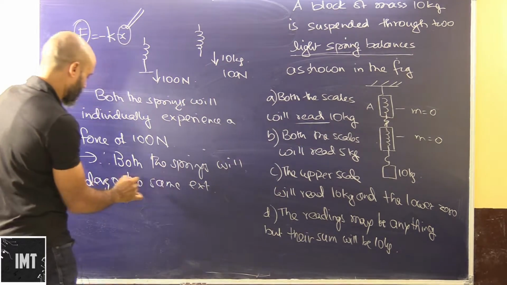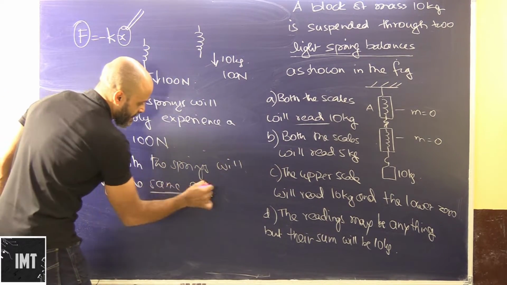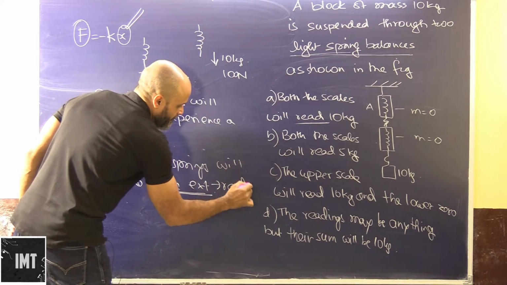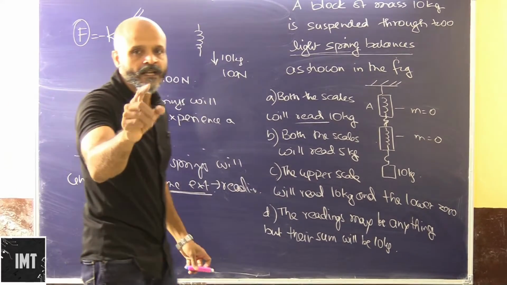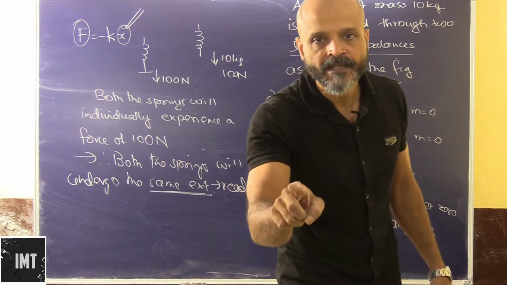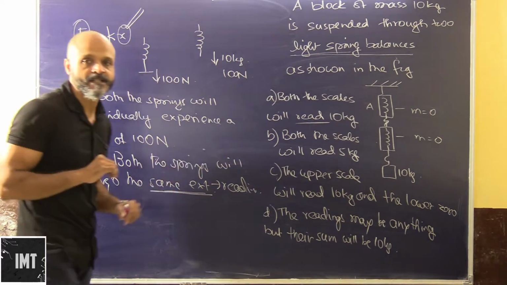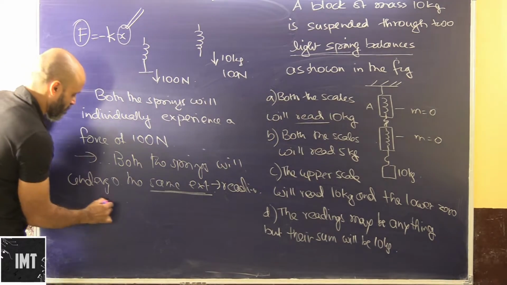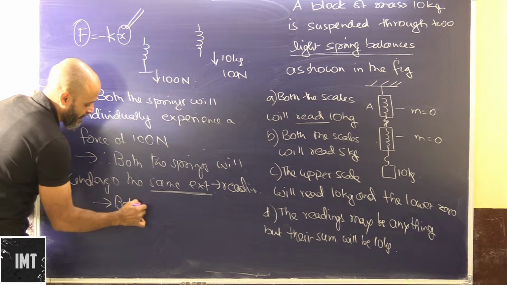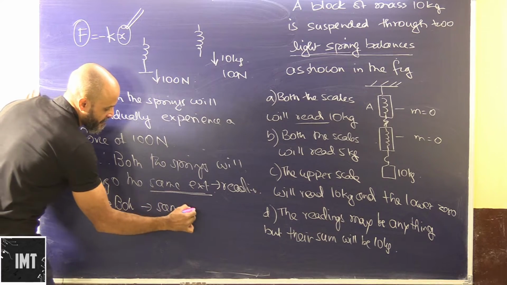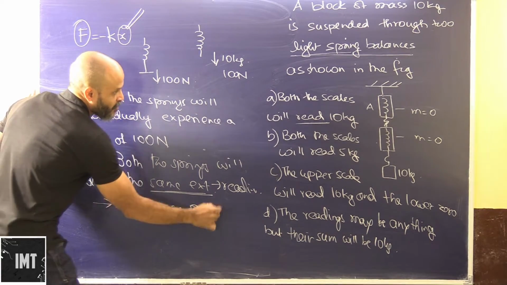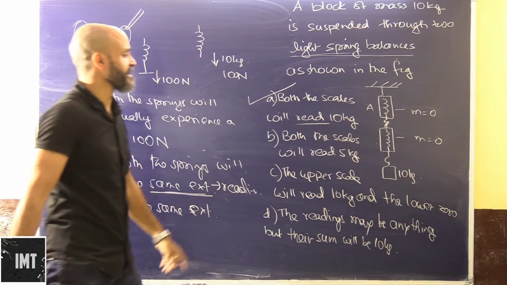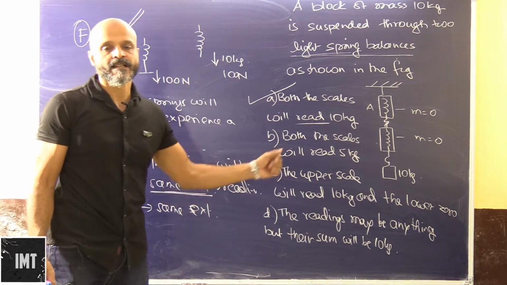Okay, the extension itself will give the reading. So since the force acting on both the springs is the same, the extension produced in both the springs is going to be the same. Okay, so both springs will undergo same extension. So both the scales will read 10 kg. That's how the problem will be.